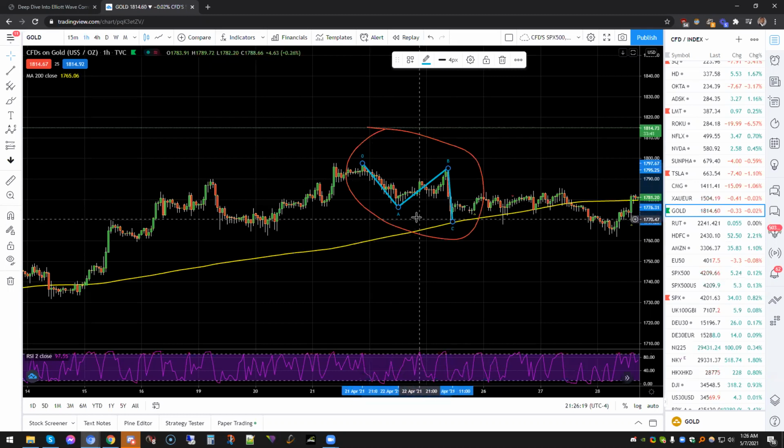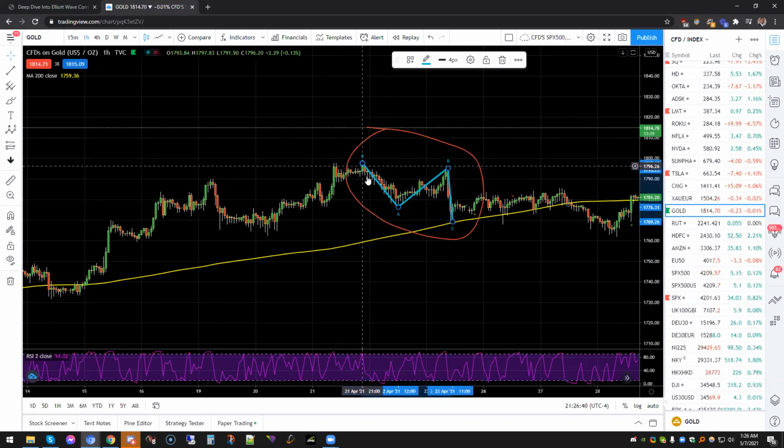The C wave broke the low of the A wave. So as you can see here, this is not necessarily a flat pattern formation. It did go kind of flat, but it's not a flat pattern formation. It is an A, B, C formation.